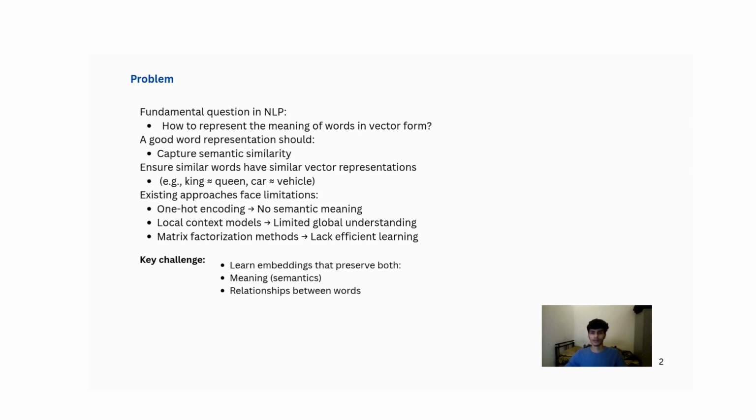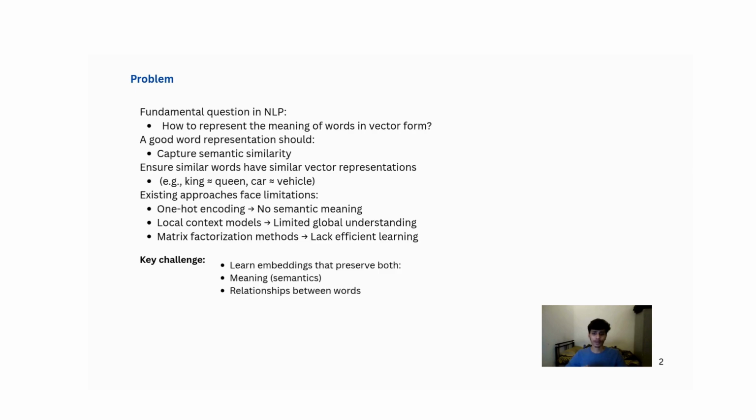Now here we are going to see the problem statement in conceptual depth. Now let us define the problem. In NLP, the central problem is how do we represent the meaning of words in a continuous vector space? A good word representation should satisfy multiple conditions.